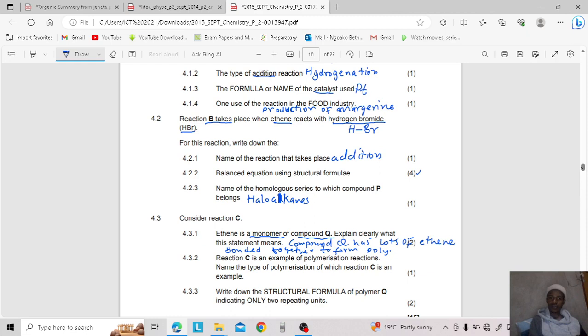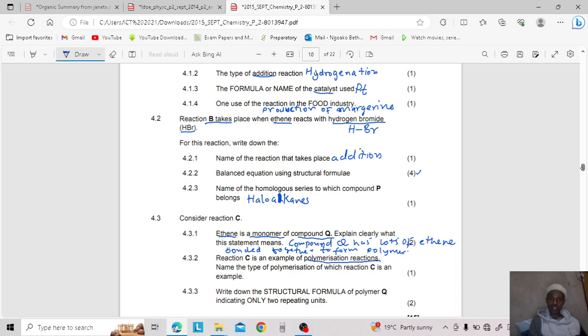That's what we can say. Compound Q has lots of this ethene bonded together to form a polymer. That reaction C is an example of polymerization reaction.